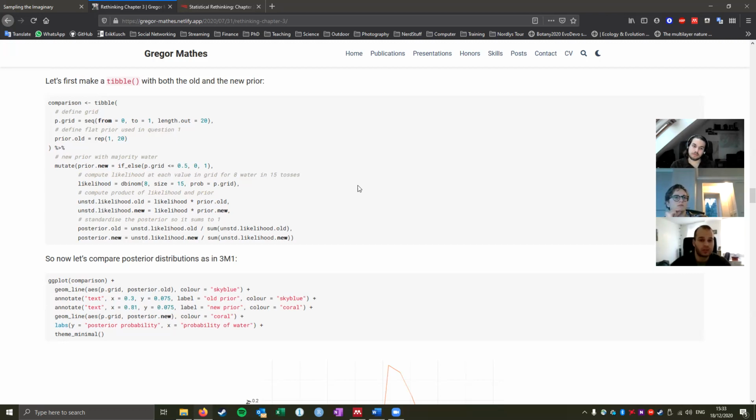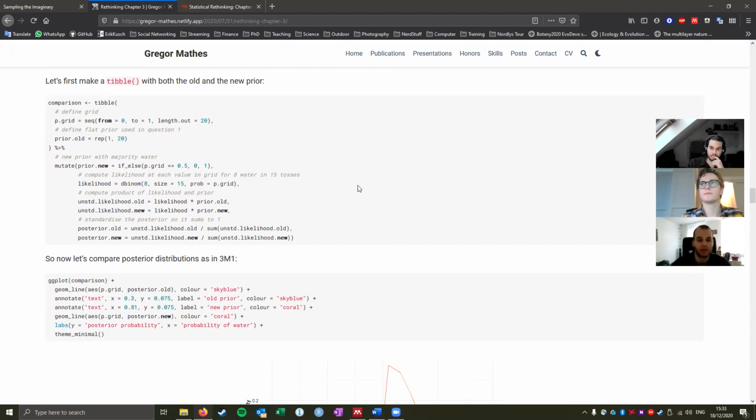And then just the same approach as previously, the same process. We define our likelihood. So the density distribution, we get a distribution from a binomial distribution with 8 out of 15 tosses, with the probability or weight given by p-grid, and we calculate the posterior for our old prior and for the new prior and plot that.